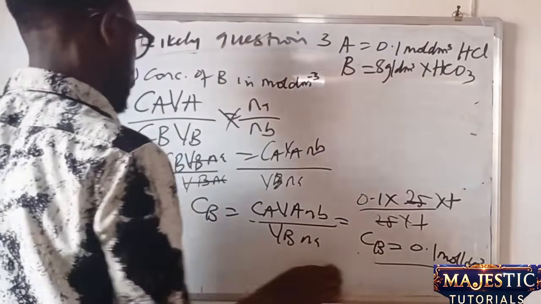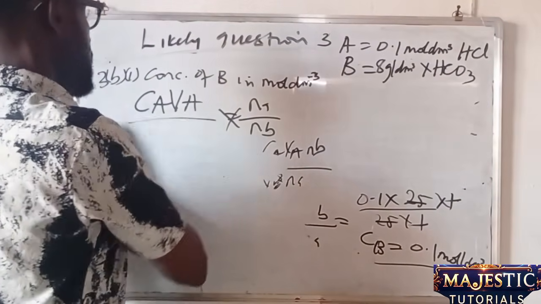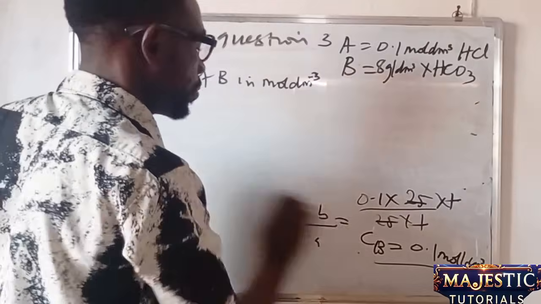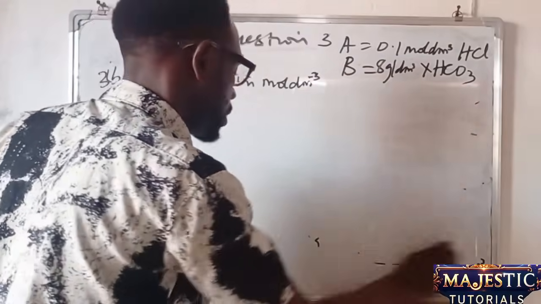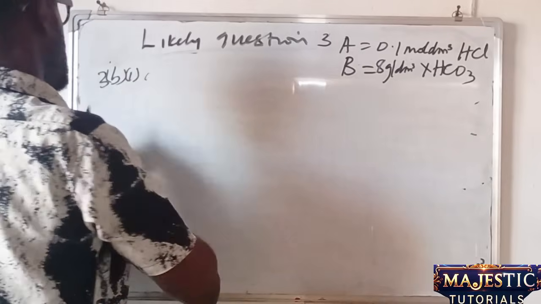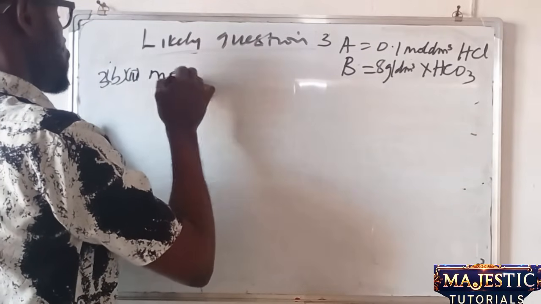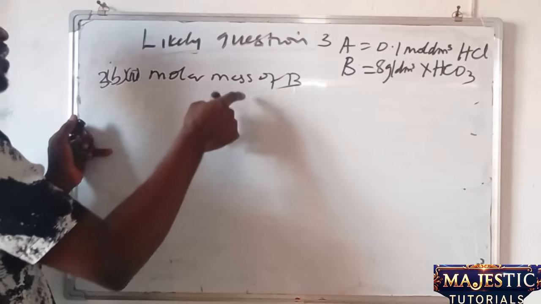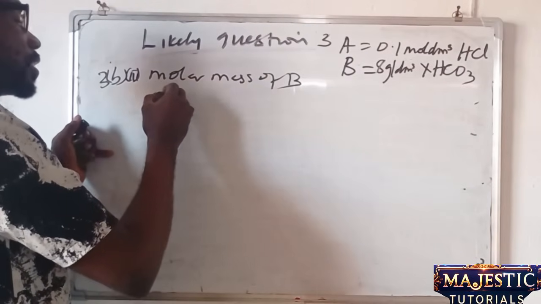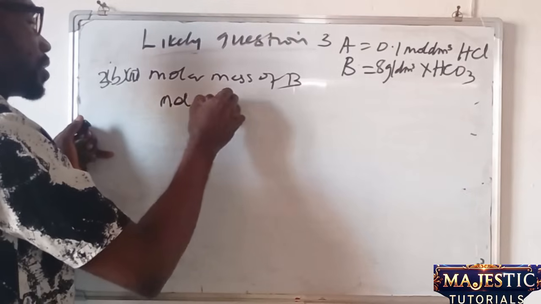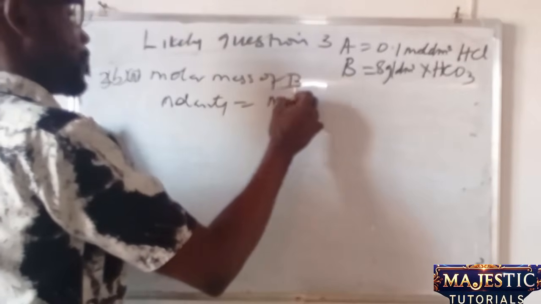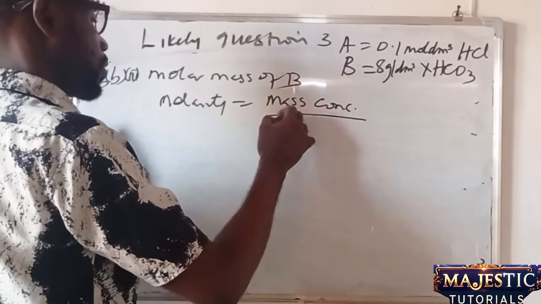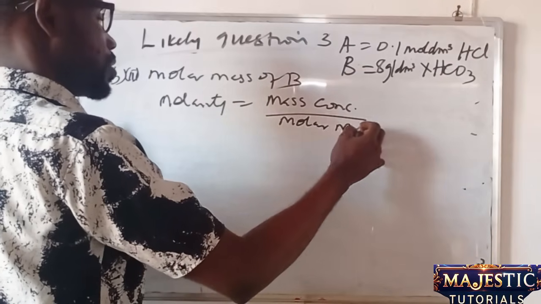So the next one is the III, where we look at the molar mass of B. We will use the formula that contains molar mass: molarity is equal to mass concentration all over molar mass.